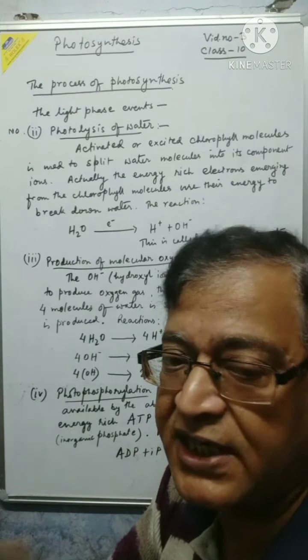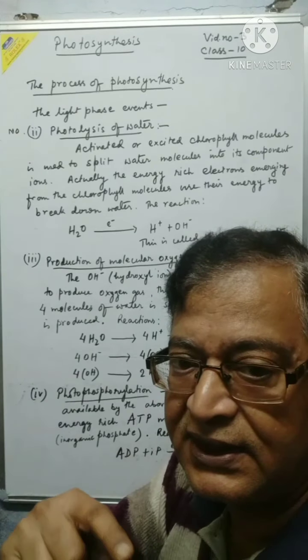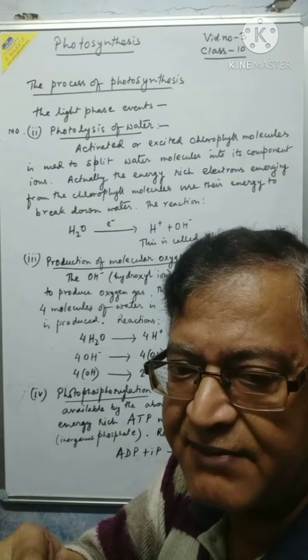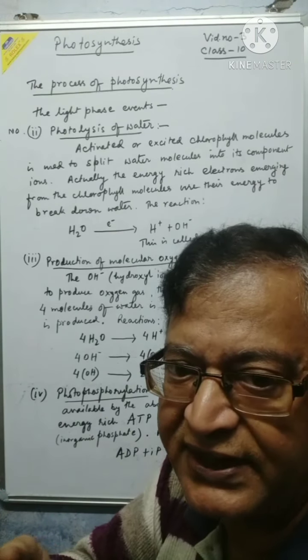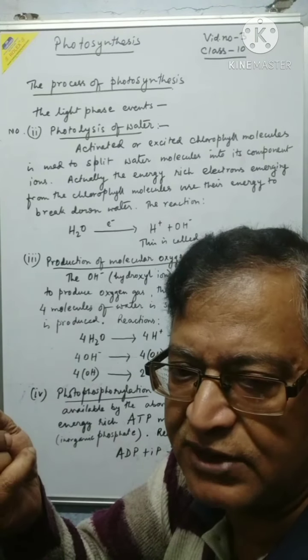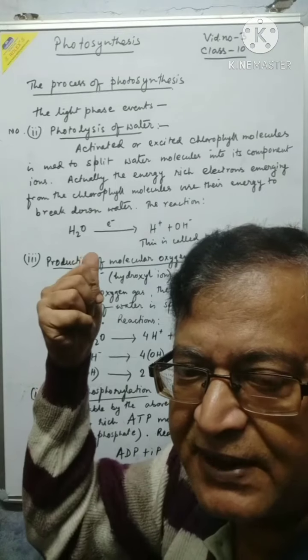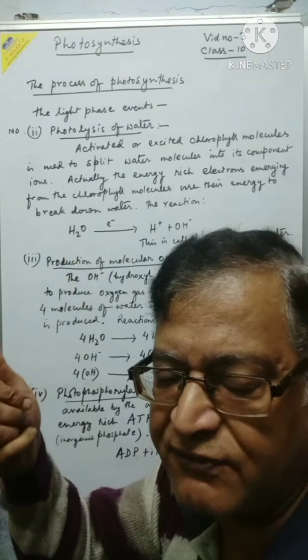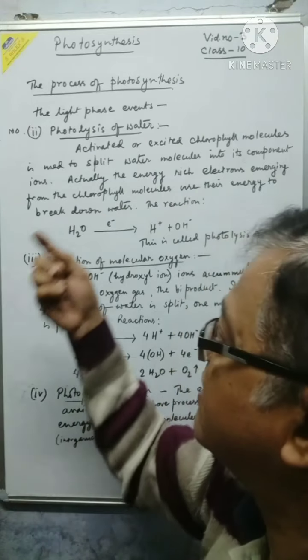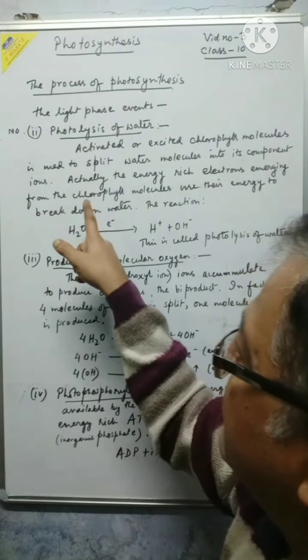When you have studied chemistry, you know that when a particular atom has electrons in its outer shell and gets more energy, the electrons jump out of the outer shell. This is happening with the chlorophyll molecules. When they absorb excessive energy, electrons jump out with a high energy level.